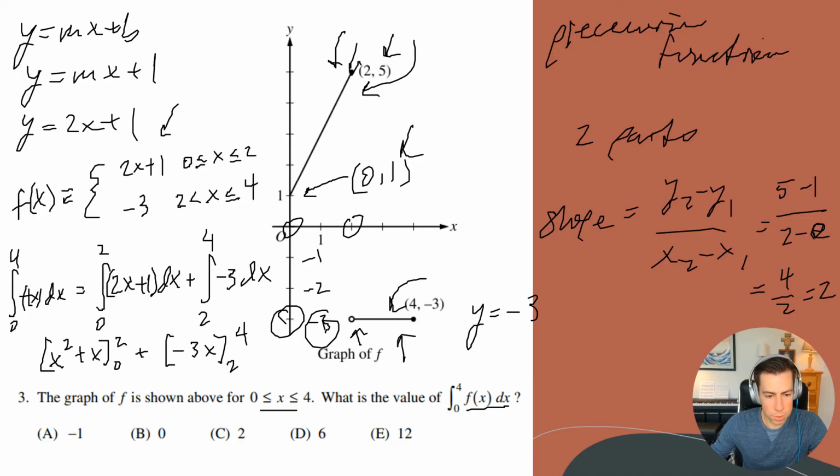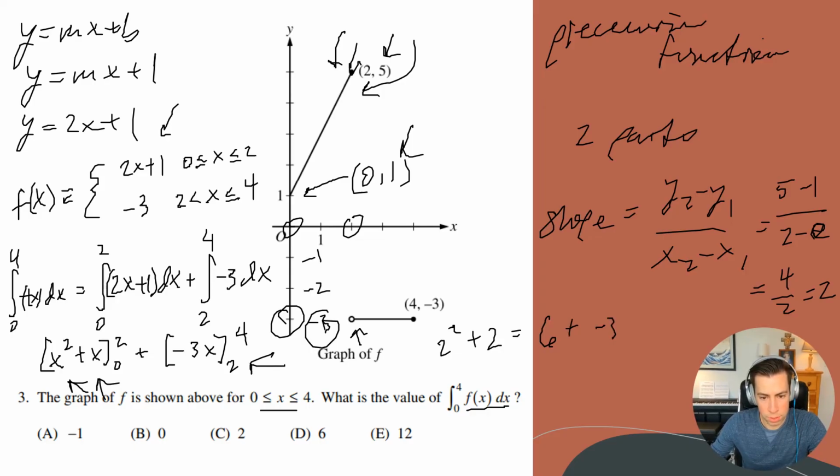All right, so let me clear some space, and then this is just a very simple evaluation. The first one is 2 squared plus 2, minus 0, because whenever you plug in 0 for these two values, you just get 0. So I'm going to have 6 here, and then I have to add this part: -3 times 4 minus -3 times 2.